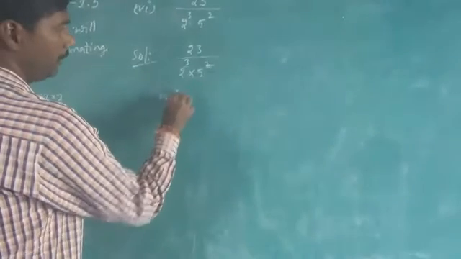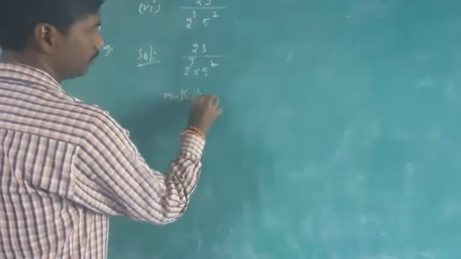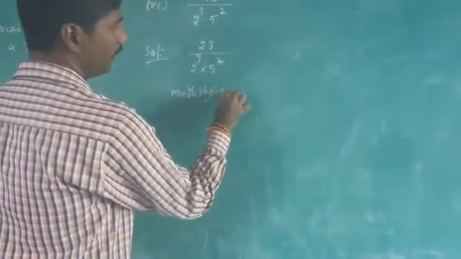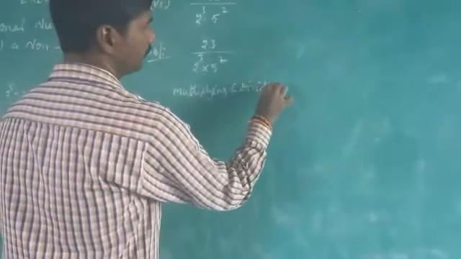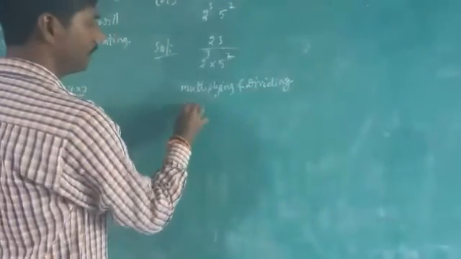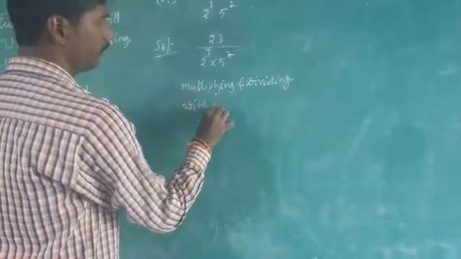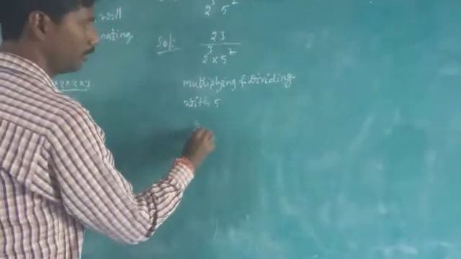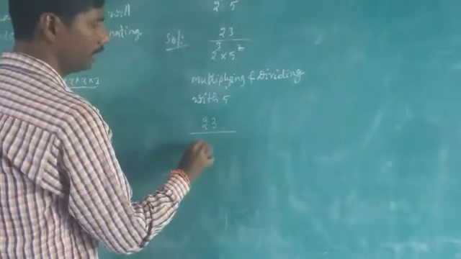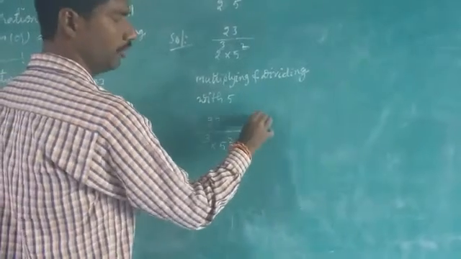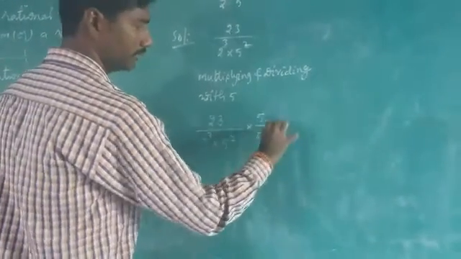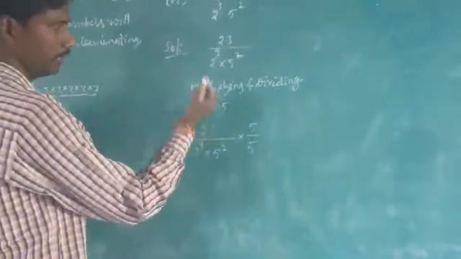So what can I write? 23 by 2 to the power of 3 into 5 square into 5 upon 5. I can clearly multiply and divide.